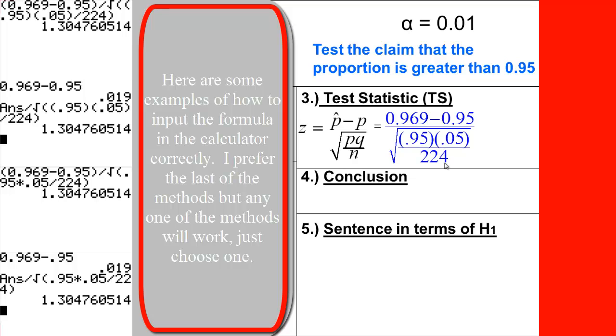So it is best not to use the parentheses under the square root and just to use a times symbol, even though it will look better on your paper to use the parentheses. Also remember to use parentheses around the top, or to enter the top, press enter, then hit the divide and press the bottom of your fraction. In either case, the answer should be 1.305.